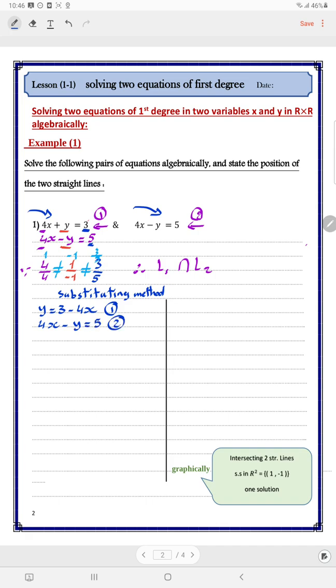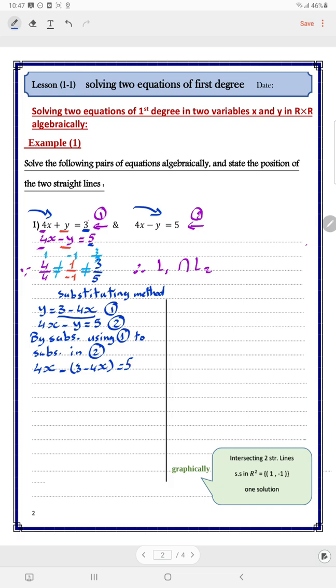Now, by substituting equation 1 in equation 2, I will write 4x minus, and instead of y I will write its value: open bracket 3 minus 4x, close the bracket, equals 5.